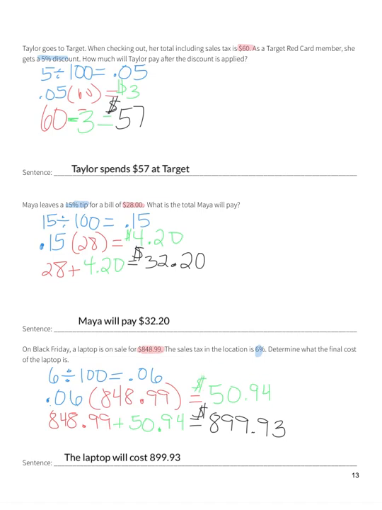Step 3, either add or subtract your total amount by your new amount. And we can see here it's sales tax. That means the price is going to increase. So we need to add. So we take our total amount plus the sales tax, combine it together, and the laptop will cost you $899.93. All right, make sure everything's recorded accurately and then move on.